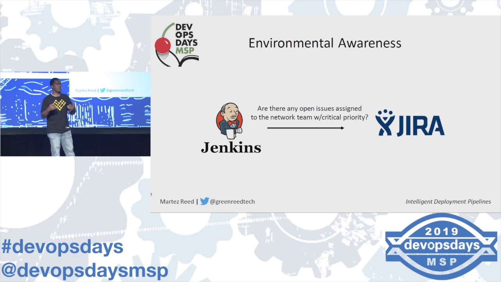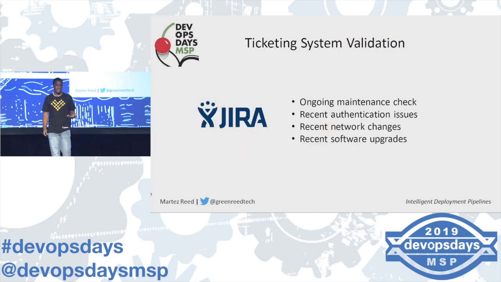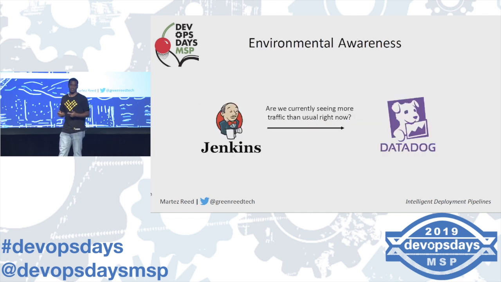And so I spend maybe hours, maybe days, maybe weeks, potentially trying to track down what happened. So things like ongoing maintenance checks, identifying other teams that are doing maintenance within the environment, help to understand the correlation between when I last pushed to production and when I now push to production, and the potential ramifications of what my push is going to have to deal with in the environment.